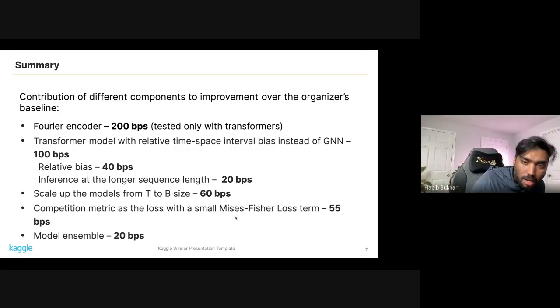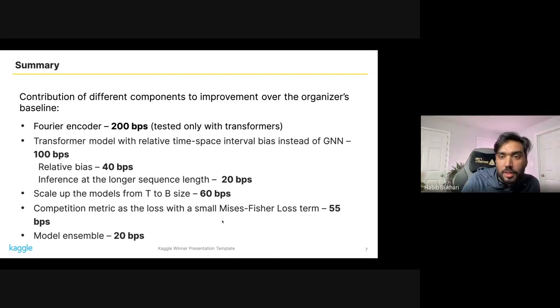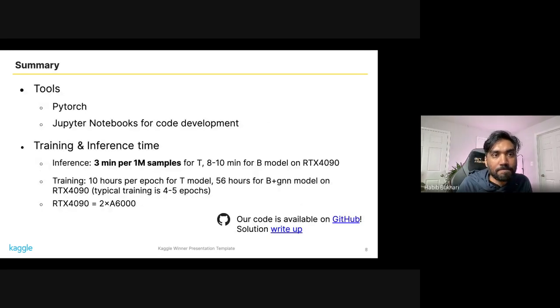And again, using the competition metric as a loss, you can get up to a 55 basis point improvement. And again, there's a tiny improvement if you ensemble multiple models. There's nothing special about tools. We use PyTorch and Jupyter notebooks.